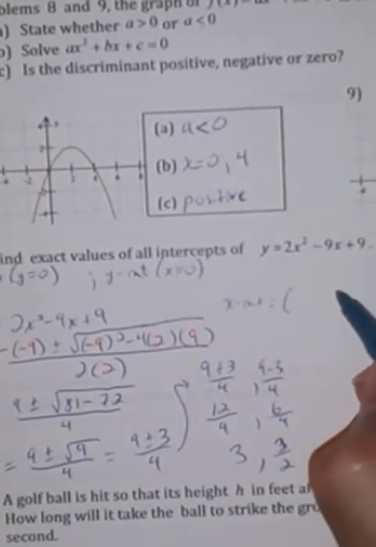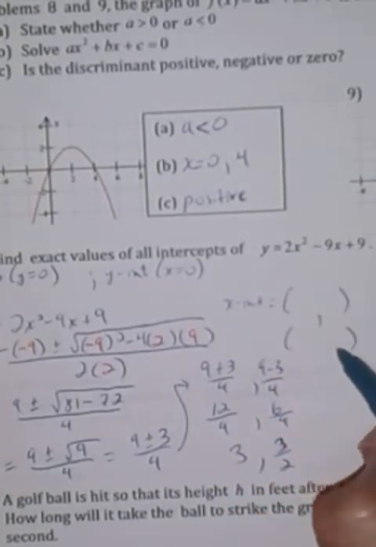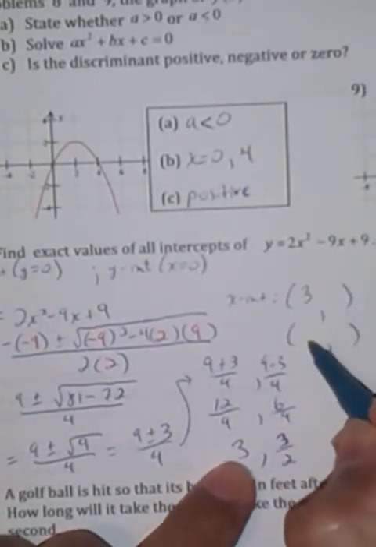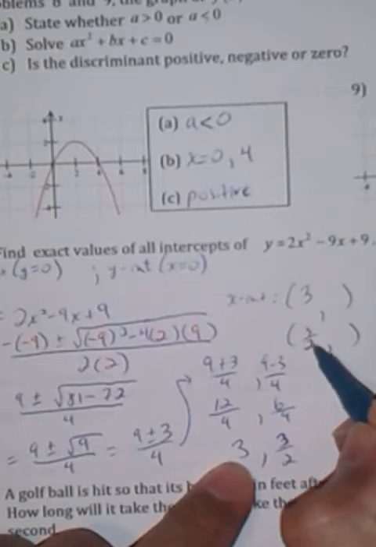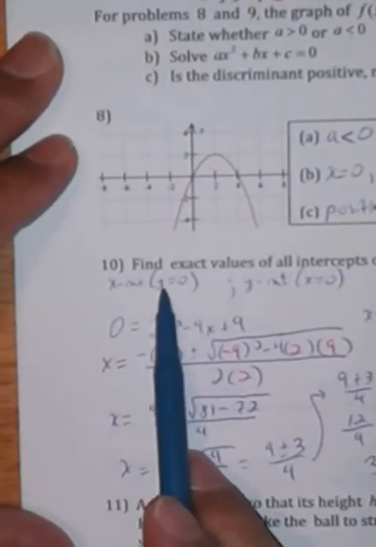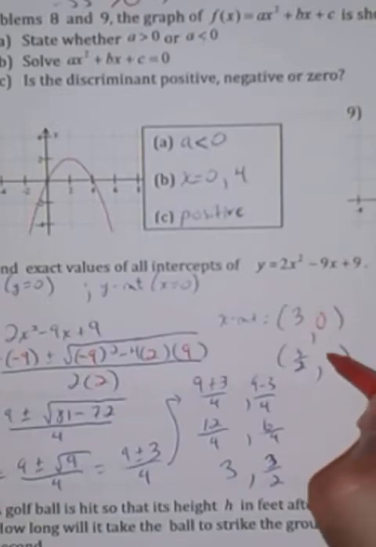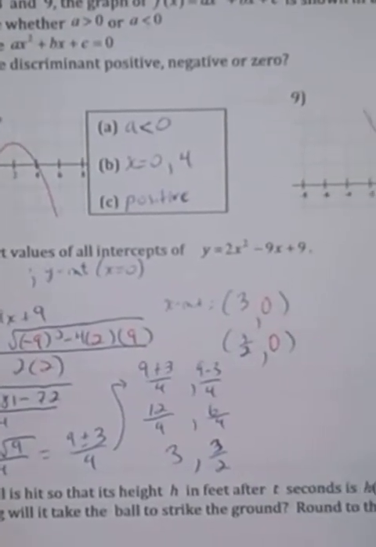For one of them, x equals 3, and for the other one, x equals 3 halves. What's the value of y for the x-intercepts? 0, right? So we put those numbers in their place. Those are my two x-intercepts.